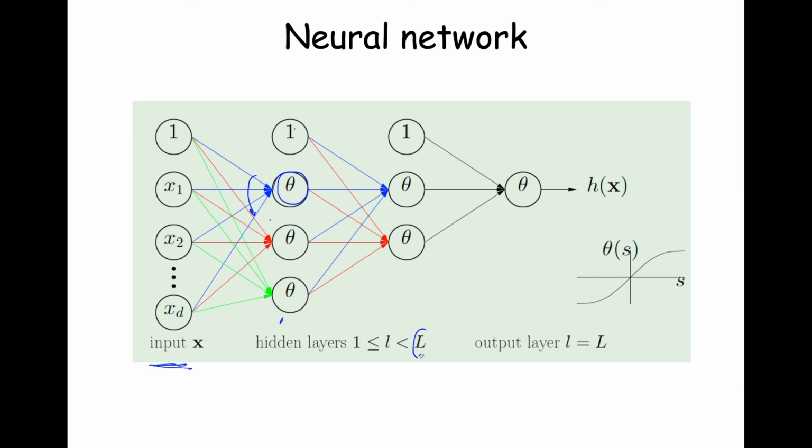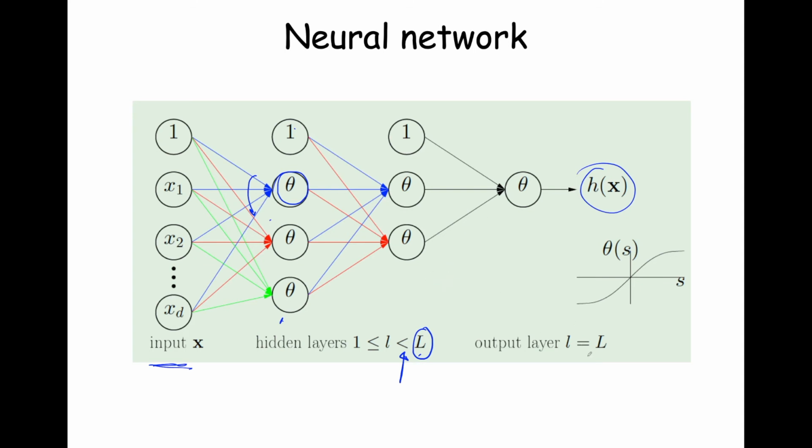Now this big L, you notice here you see a less than sign. L is going to be designated for the output layer. That's where the output h of x, our compositional nonlinear function, computed by this neural network.